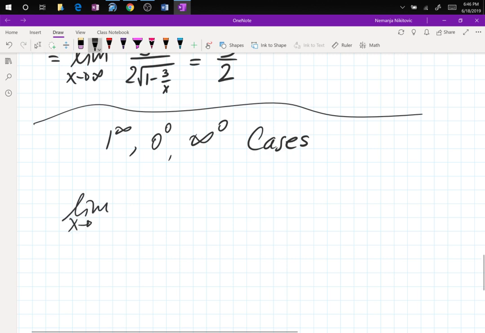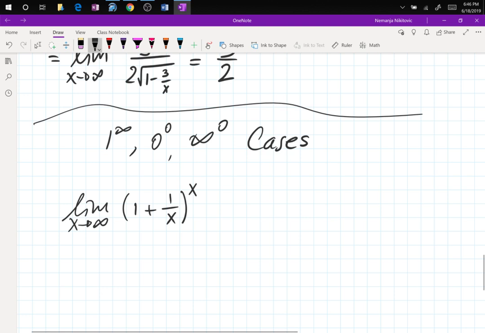So limit x goes to infinity of 1 plus 1 over x to the x. I mean, this has to be our first problem. It's one of the most important things in mathematics, actually. Now, what would that be? You look at this thing and you say, well, obviously I'm going to plug in infinity.